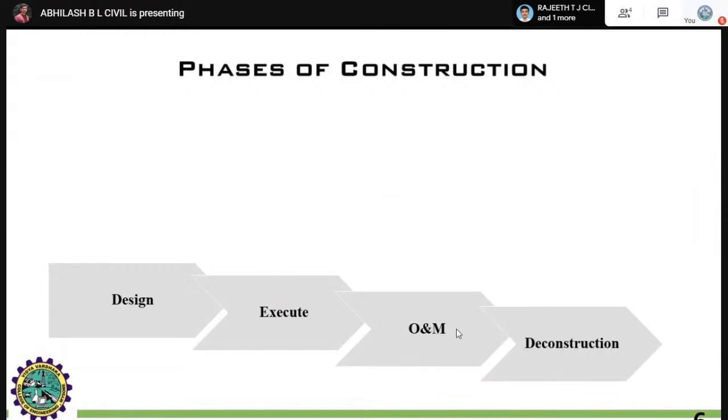Coming to the top phases of construction, these are the major benchmarks. The first is design. For each and every type of construction, you can observe 4 major phases: the design phase, next execution, next O&M, and the deconstruction methodology.